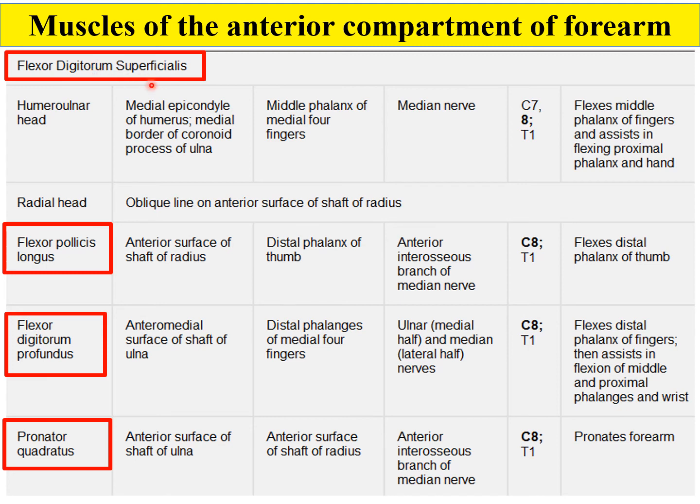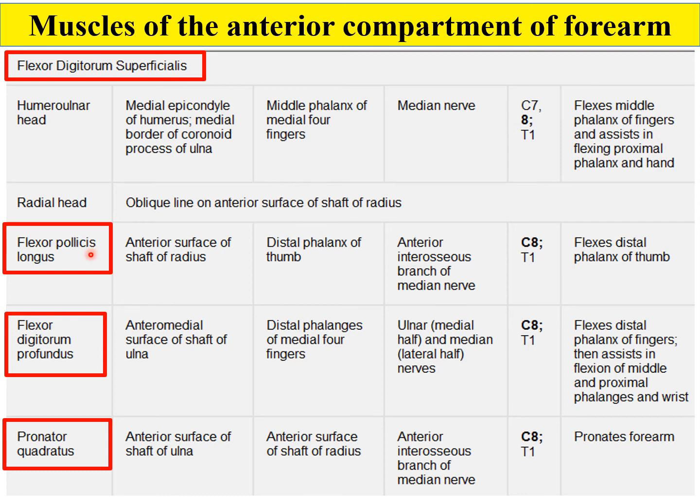Flexor digitorum superficialis has its humeral origin from the medial epicondyle of the humerus, the medial border of the coronoid process of the ulna, and also some part of the shaft of the radius, and goes to the middle phalanx of the medial four fingers, which we will see in the diagram. The median nerve supplies them, and they will flex the middle phalanx of the finger and assist in flexing the proximal phalanx at the end. How, that we will discuss.